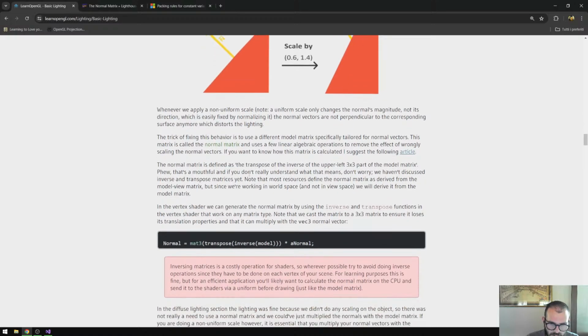Then it is defined as the transpose of the inverse of the upper left 3x3 part of the model matrix.